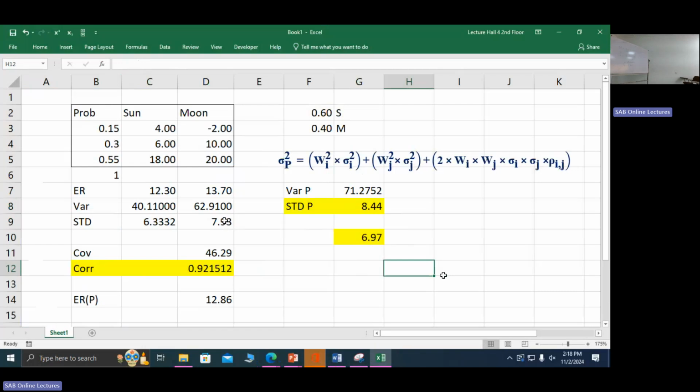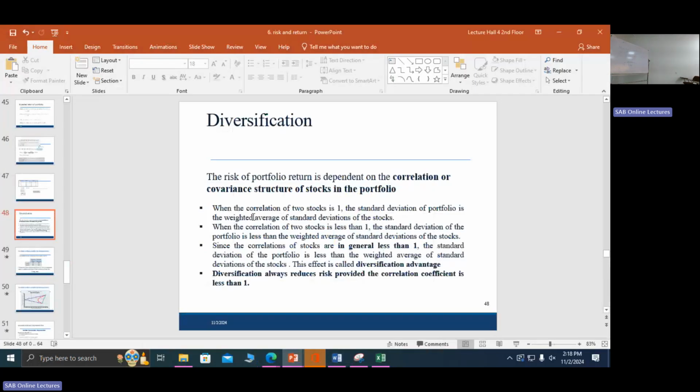So for the exam, if you have an answer here where portfolio standard deviation is greater than the weighted average standard deviation, 8.4 and 6.97, then normally our conclusion is that it holds when the correlation coefficient is less than 1.